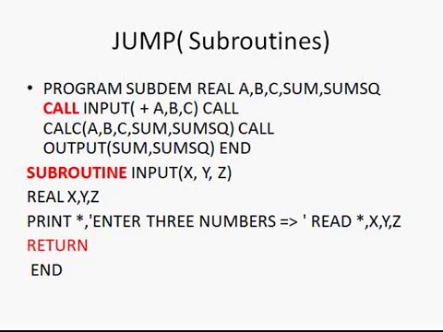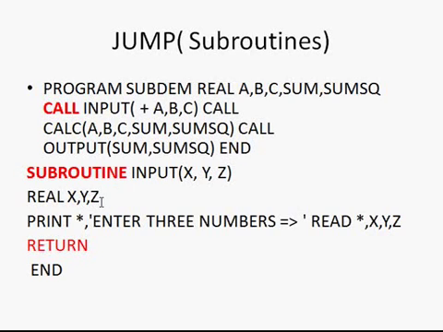Now jumping to subroutines. Subroutines were in Fortran and Basic. In C you call different functions. So here it's a Fortran program, with real a, b, c, sum, and it is calling the subroutine input with parameters a, b and c. A call is given, so from here it calls this subroutine input xyz.